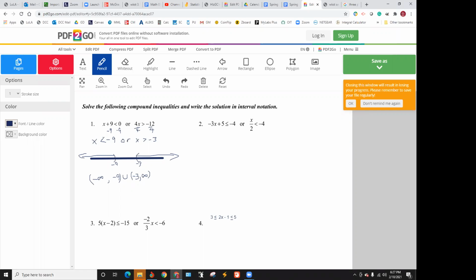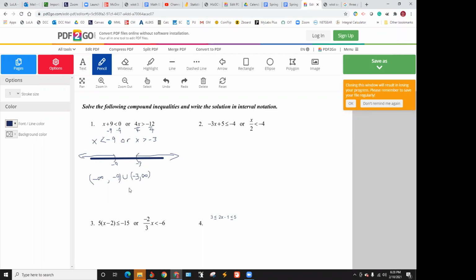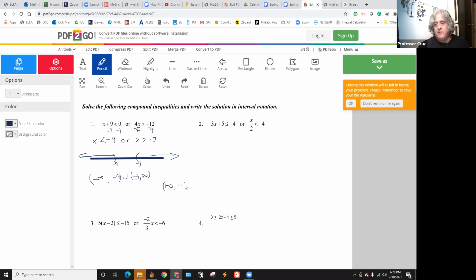I got the answer, but I put negative infinity, then -9. For the second one, I put positive infinity and -3. I wrote it backwards. Does it matter? Yes.